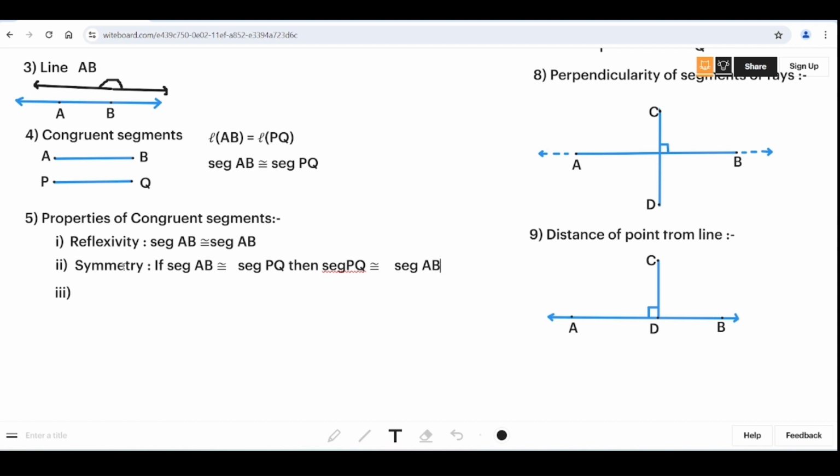Okay, so the second property is symmetry. It is, if any segment is congruent to a second segment, then the second segment is also congruent to the first segment. In this way we can say. Now the third property is transitivity.